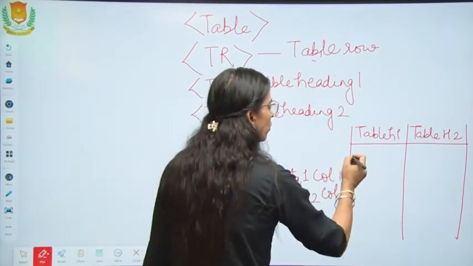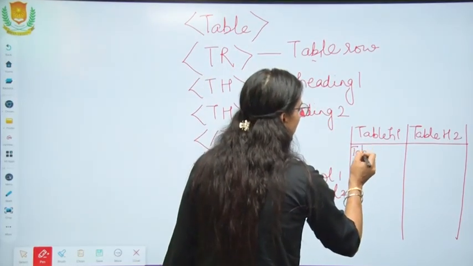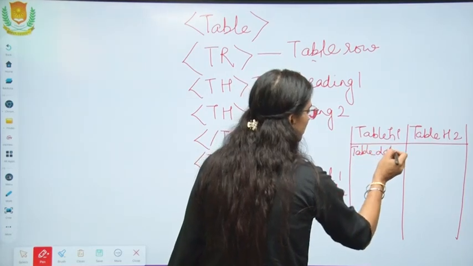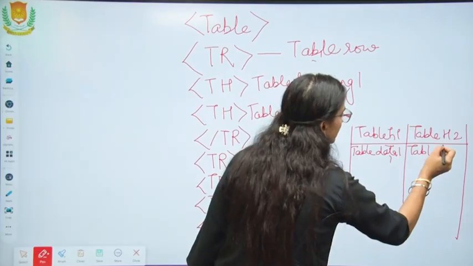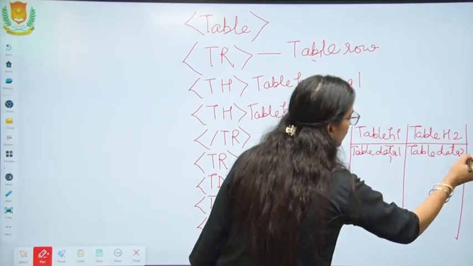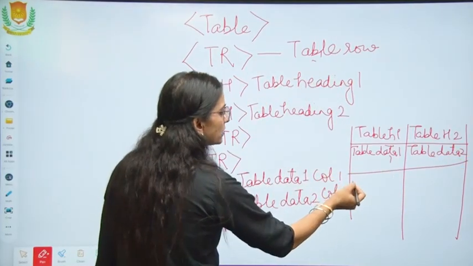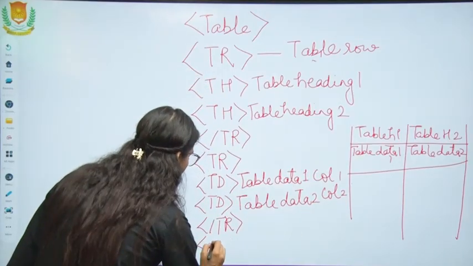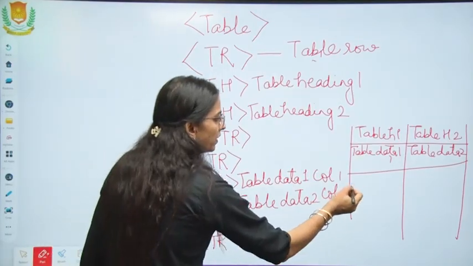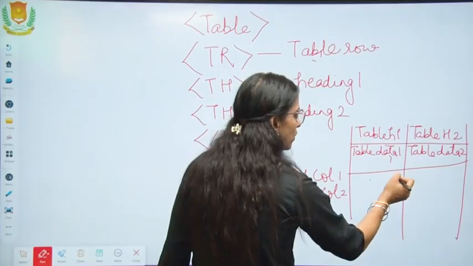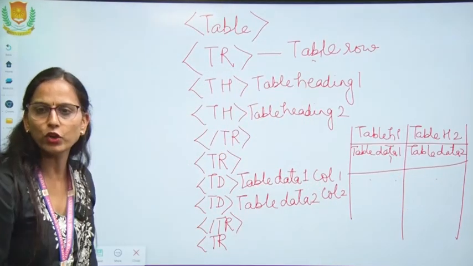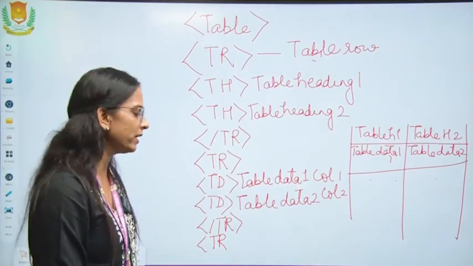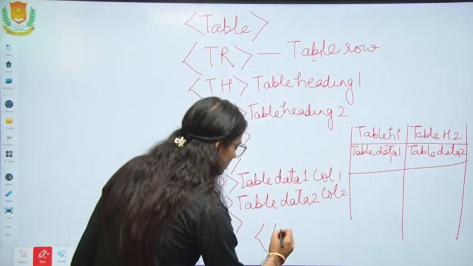Now the second row, table data 1, table data 2. Now to start with the third row, again we will start with the TR here, then table data 2, then table data 3. In this way you can continue with the coding, and at the end you can close the table tag.